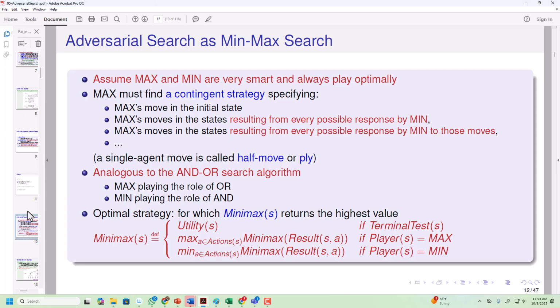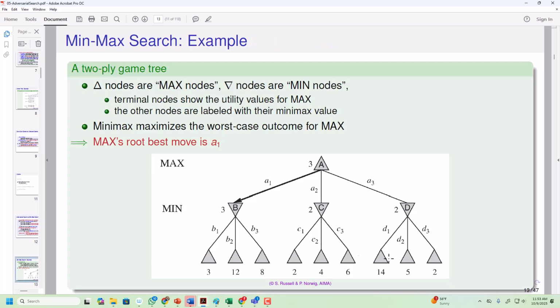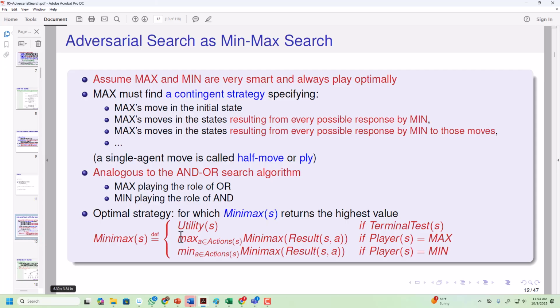In chess, once you have gone to the last stage, you know somebody has won or lost. But in the middle we have no idea about the utility, so we have to go down to the leaf level to know what utility we gained. If we are at the terminal or leaf state, whatever the utility is, that's the final value.